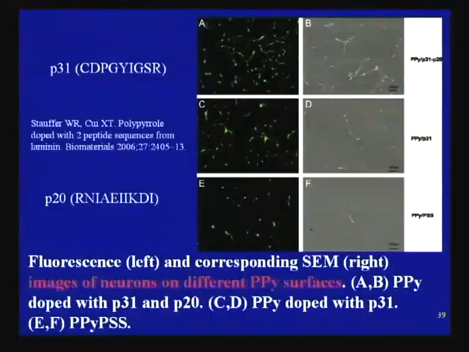Now, here you see, is it visible from your side? This photograph is actually not good. Here you see some fluorescence and corresponding images of neurons on different polypyrrole surfaces. Some neurons you see in blue and green colors, neurons made of polypyrrole that have been developed through some protein molecules.